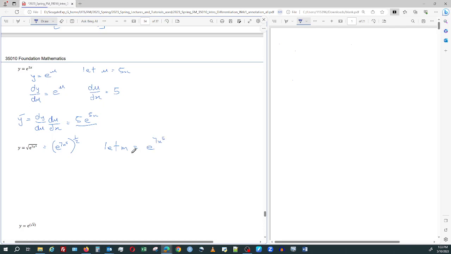Okay, very important you do everything. This can be rewritten now as m to the half. Okay, this one here, if we're going to differentiate it, really? 7x^5? No. Chain rule, n is equal to 7x^5.